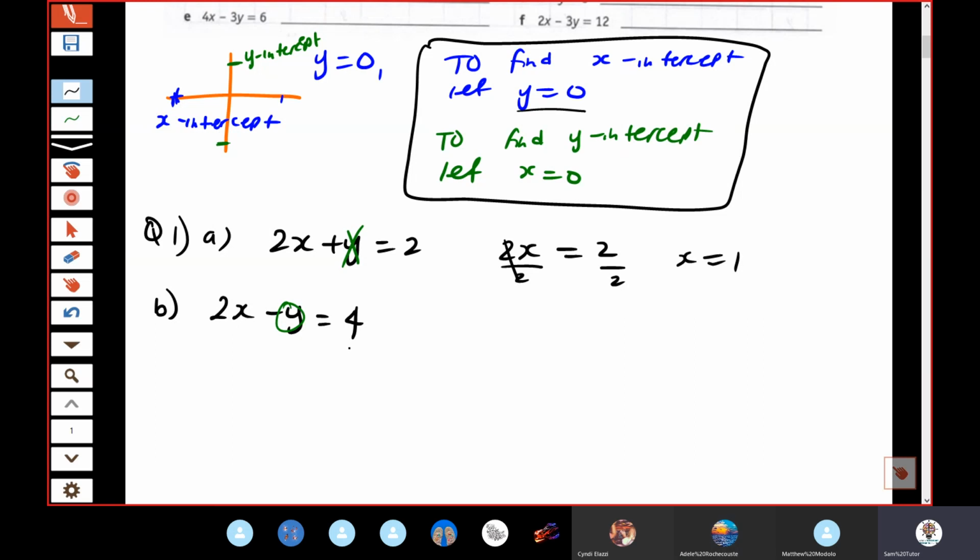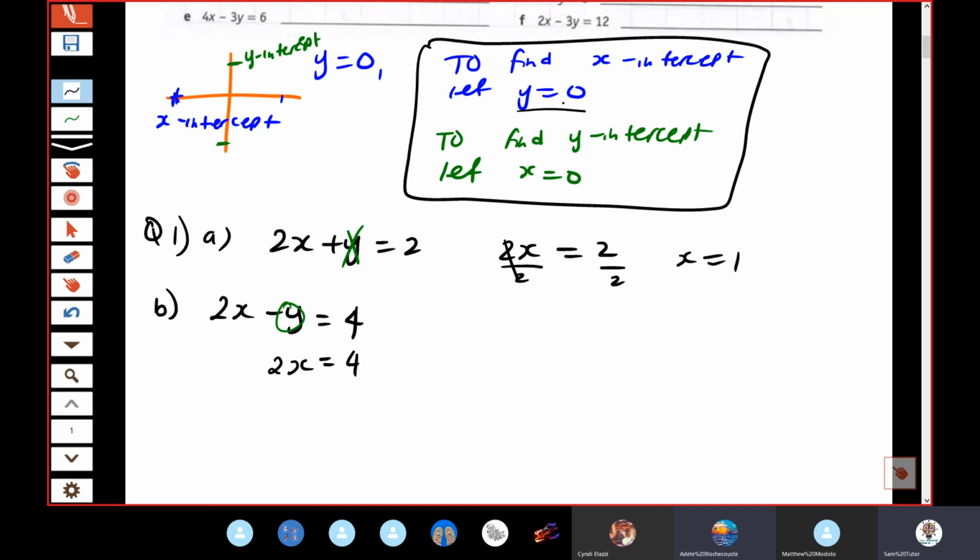So what would you have left? You would have 2x equals 4. Everything else that's not 0. And then how do I get rid of the 2? No, we've already done the y-intercept.